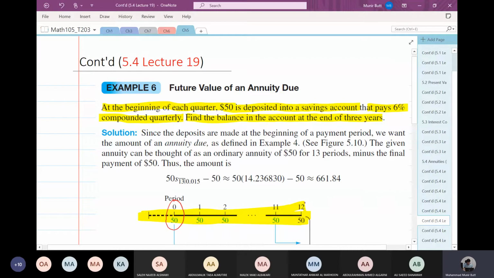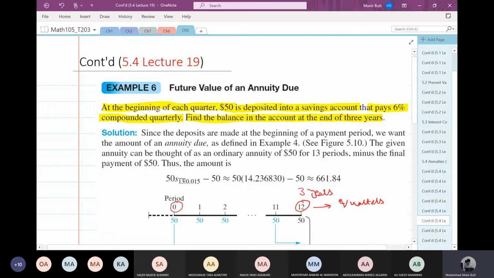So this is 3 years. In 3 years, how many quarters do we have? 12. These are quarters, or you can say periods, whatever you want to say.